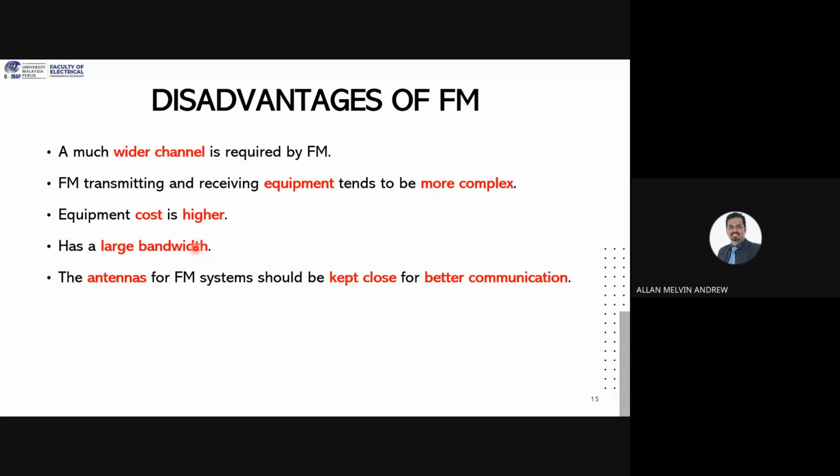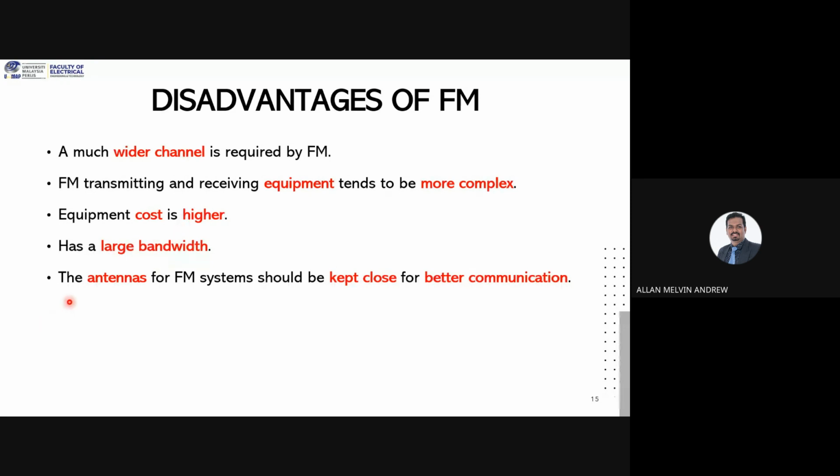So the maximum frequency and also minimum frequency, unless you are using a narrow band. But narrow band you cannot use for most applications, only selected applications like police and walkie-talkie. Those use a narrow band, but we cannot use that frequency to send radio signals. So you need a large bandwidth.